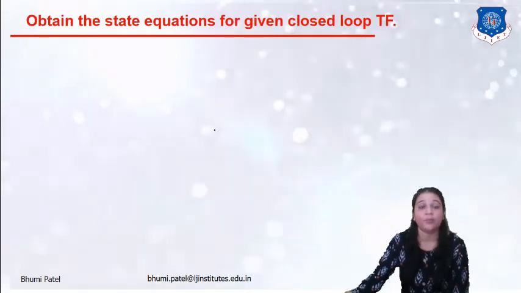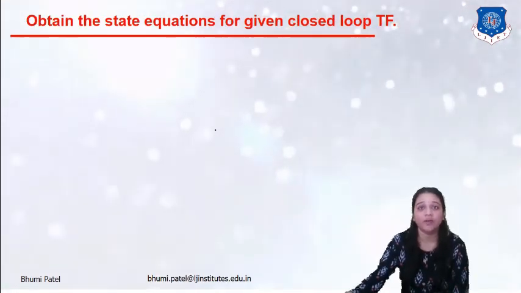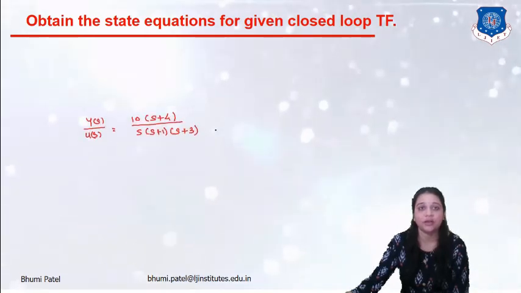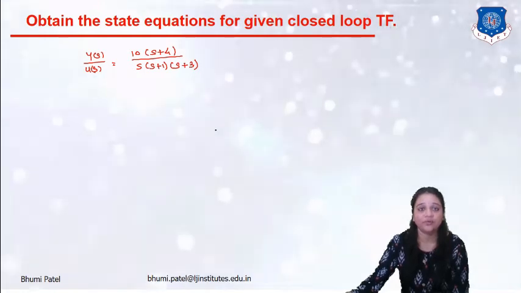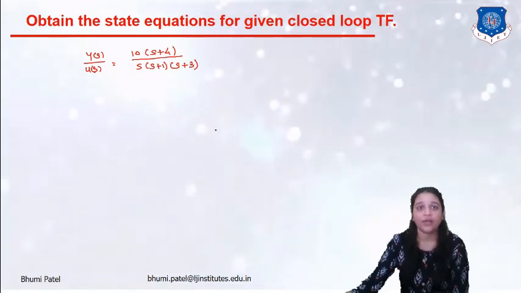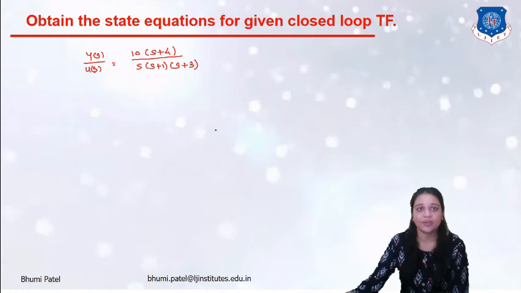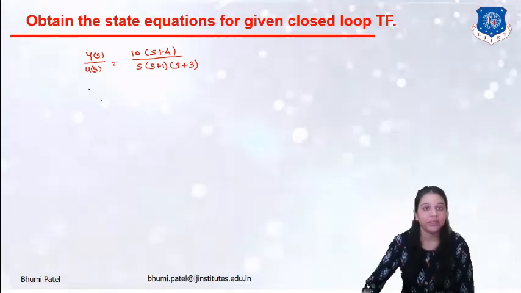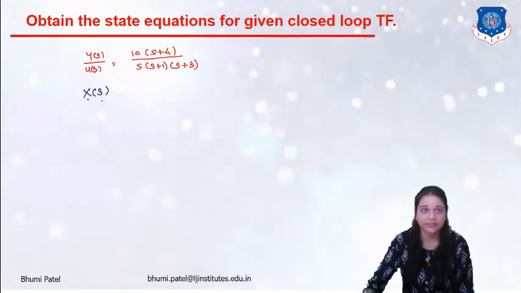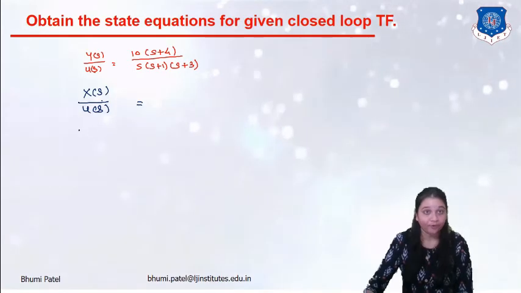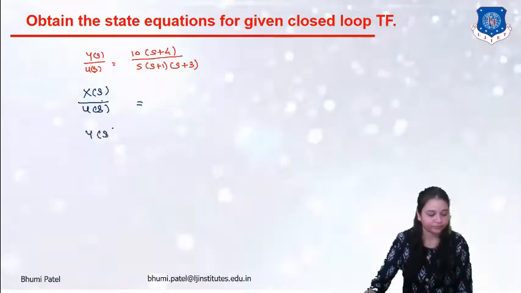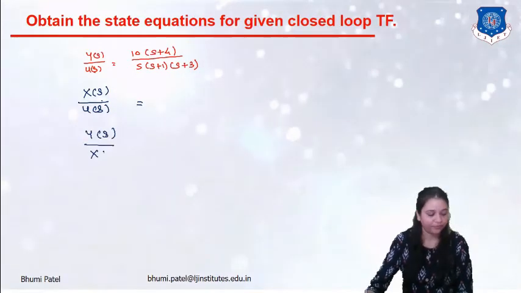Now, next is obtain the state equation for given closed loop transfer function, and the transfer function given is y of s upon u of s is equal to 10 into s plus 4 upon s plus 1, s plus 3. So first of all, we have to write the equation like this: x of s upon u of s and y of s upon x of s.